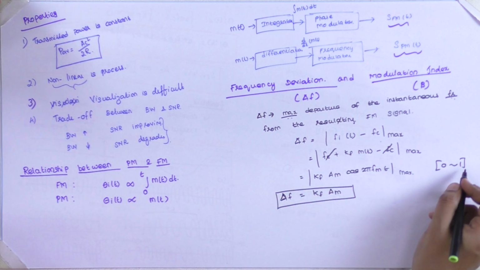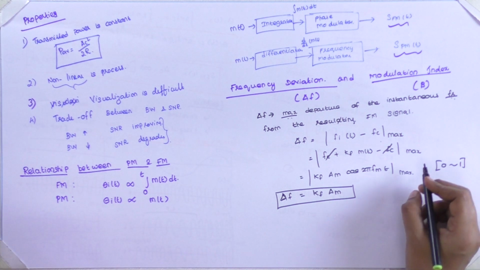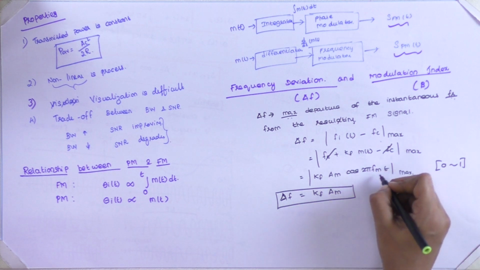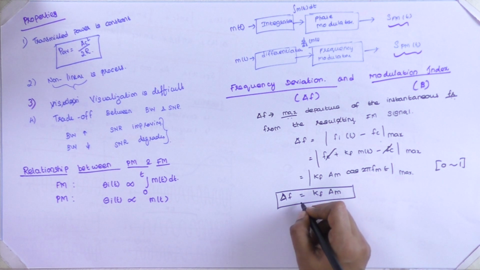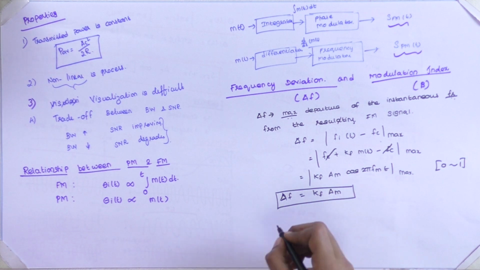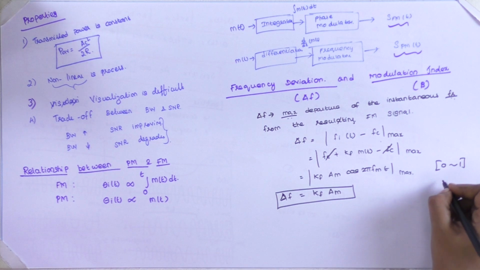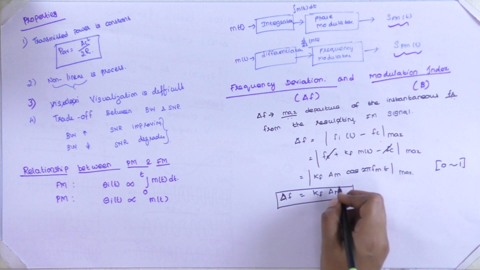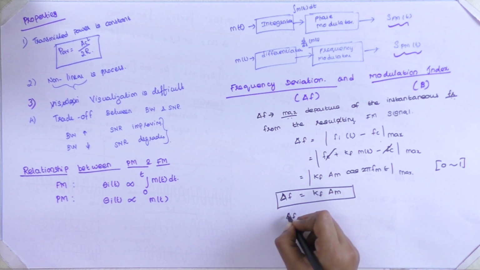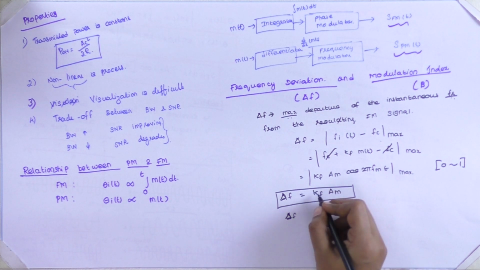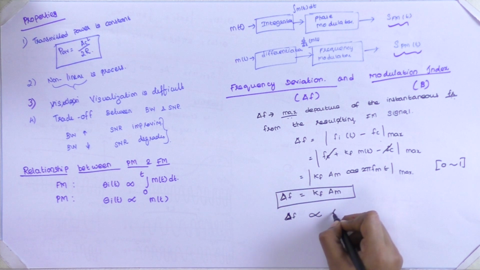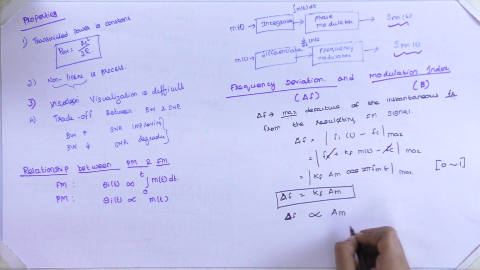The maximum value for cos is 1. Therefore delta f is equal to Kf into Am. From this we can easily understand that delta f, the frequency deviation, is proportional to the amplitude of our message signal.